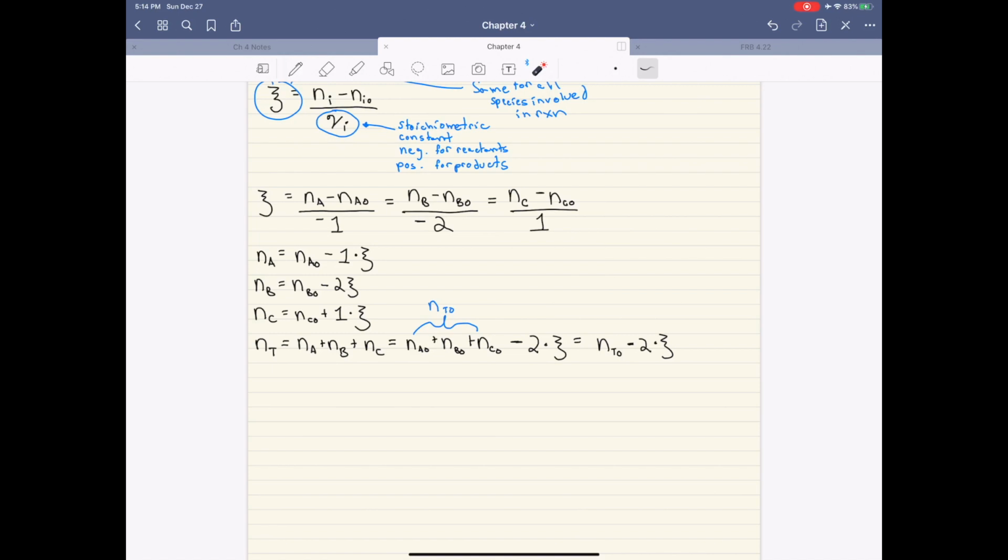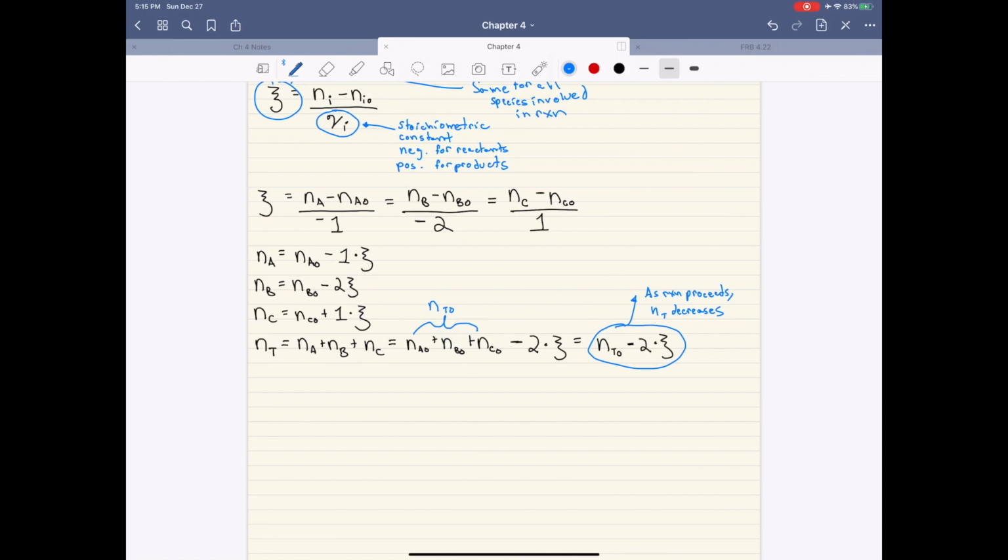If it becomes more positive, that means this term becomes larger, and since we're subtracting from NT naught, over the course of the reaction in this problem, we're actually decreasing the number of moles. And so as this reaction proceeds, NT decreases.